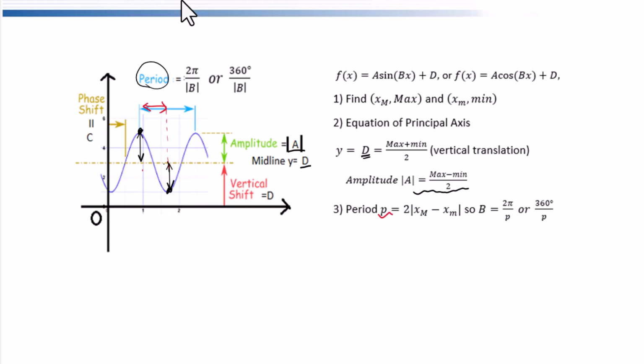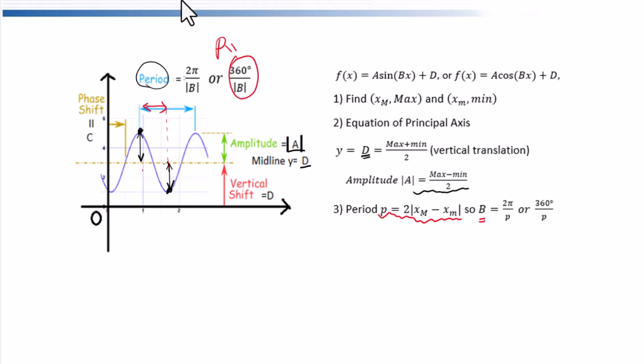So we get period equals double the horizontal distance between maximum and minimum points. Using this formula, P equals 360 degrees over B, we can figure out B equals 360 degrees over period.